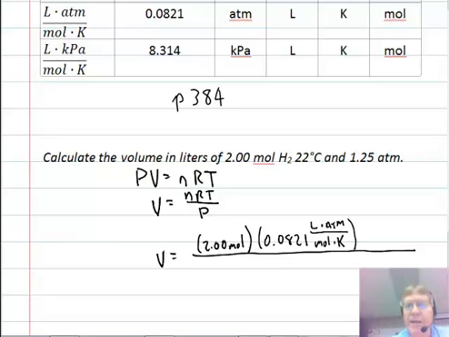And then we have our temperature, which is 22 degrees Celsius. We have to add to that 273 kelvins to get our Kelvin temperature, and that is 295 kelvins.